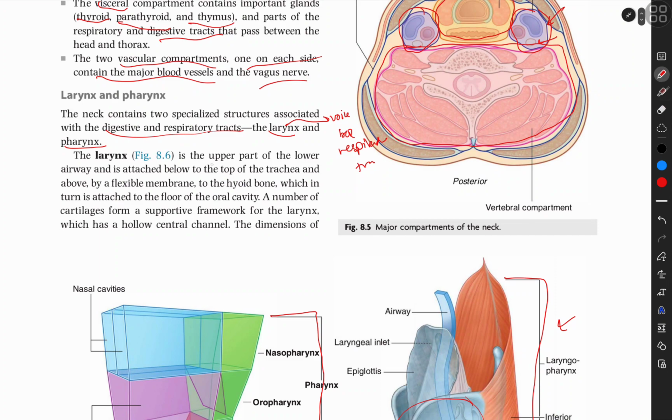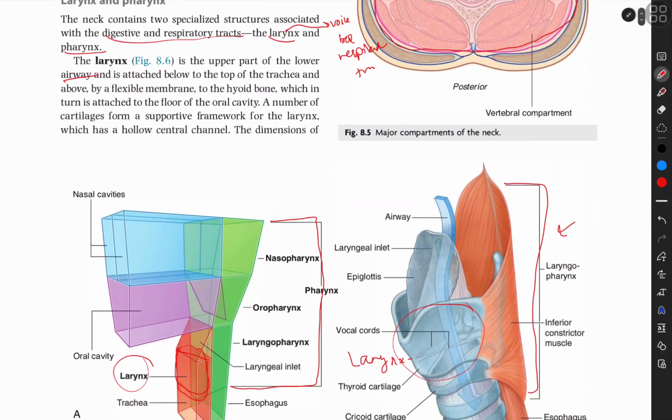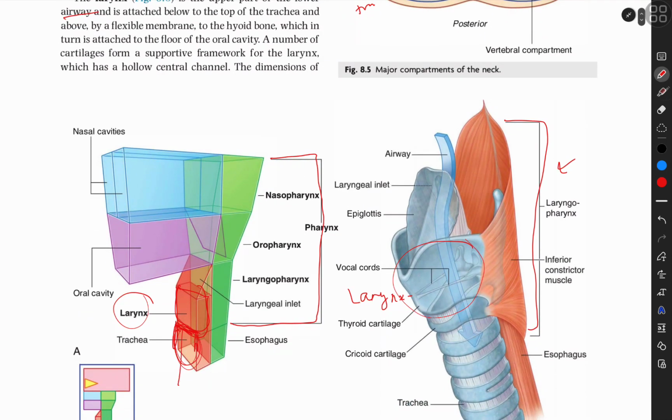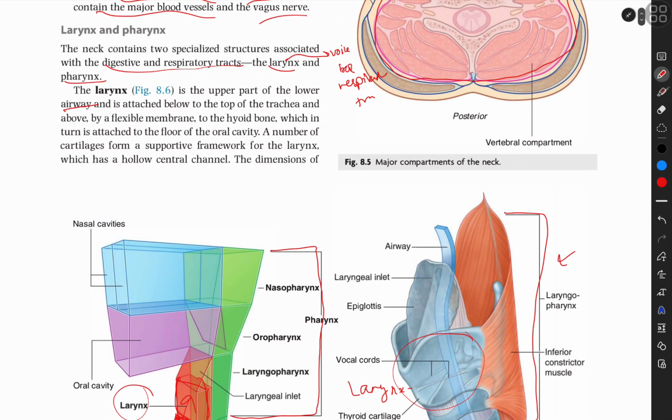The larynx is the upper part of the lower airway. Just inferior to the larynx is the trachea. So just above the trachea is the larynx, and it is attached below to the top of the trachea and above by a flexible membrane to the hyoid bone, which in turn is attached to the floor of the oral cavity.